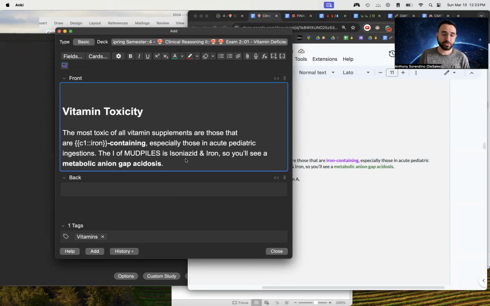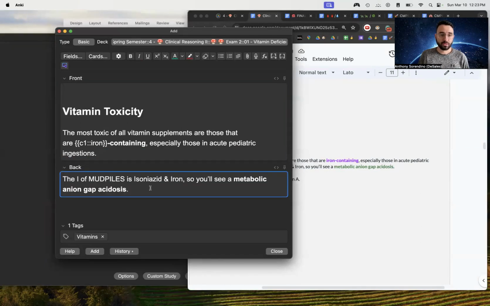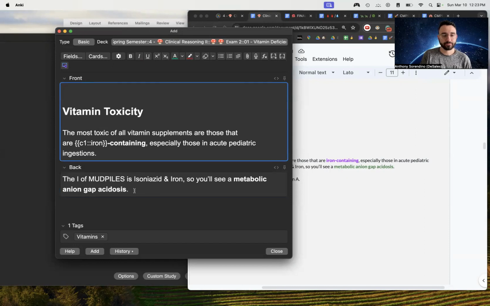I have MUDPILES, so you'll see a metabolic anion gap. Yeah, MUDPILES is that upper right. That's going to be metabolic acidosis, metabolic anion gap acidosis. Actually, let's do this.